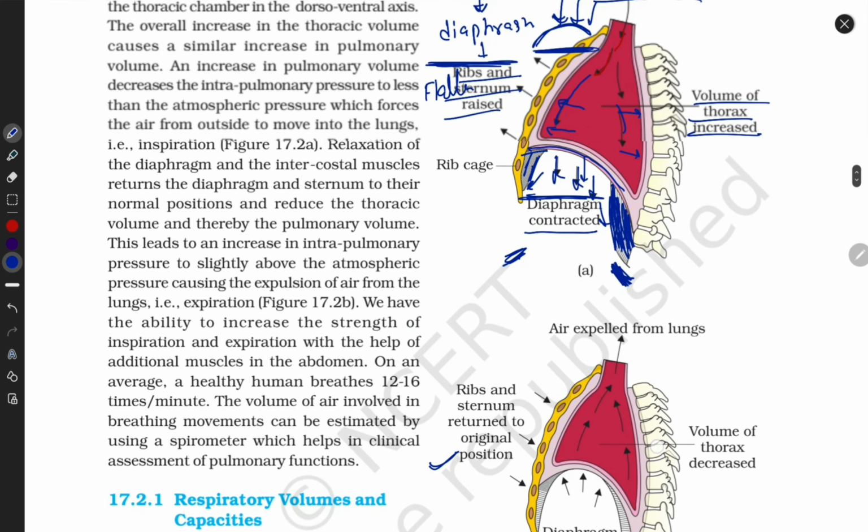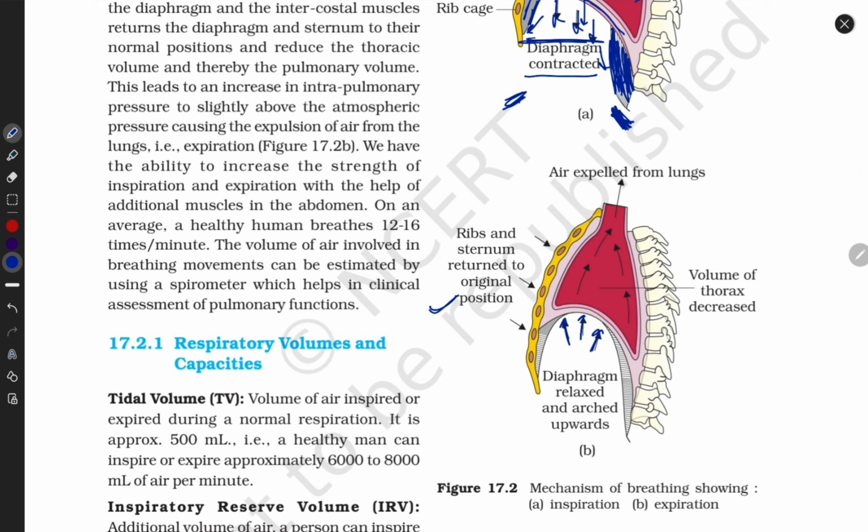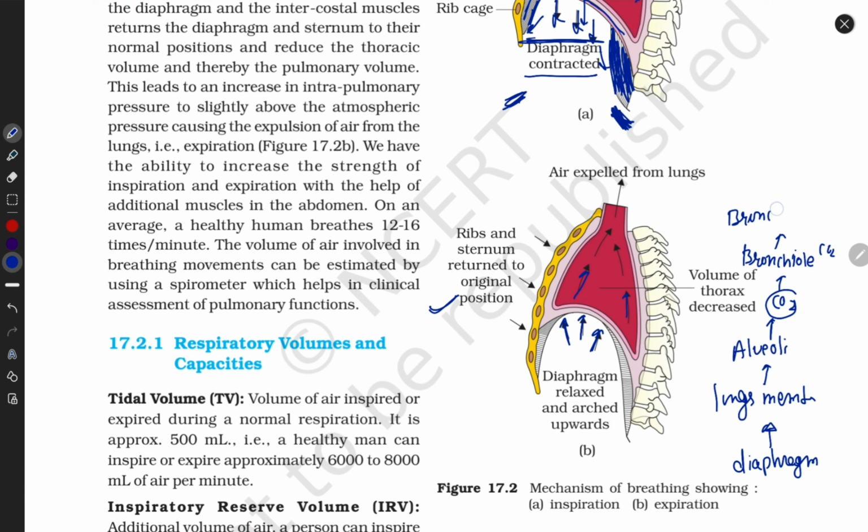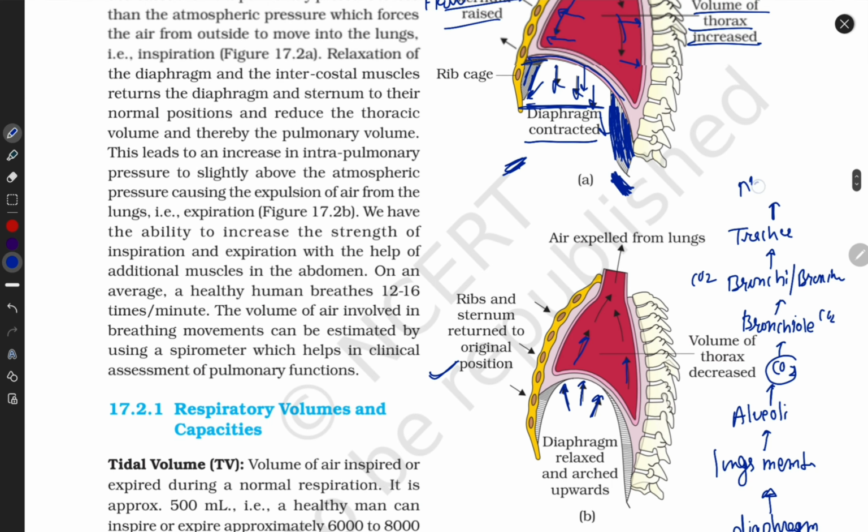The diaphragm gives pressure on the lungs, so the lungs put pressure on the alveoli. The alveoli take CO2 and put pressure on the bronchioles. The bronchioles take CO2 and put pressure on the bronchi, also called bronchus. These take CO2 and give pressure to the trachea. The trachea gives pressure on the nasal cavity, which contains CO2. The nasal cavity gives pressure towards the nostrils, and the nostrils remove CO2.